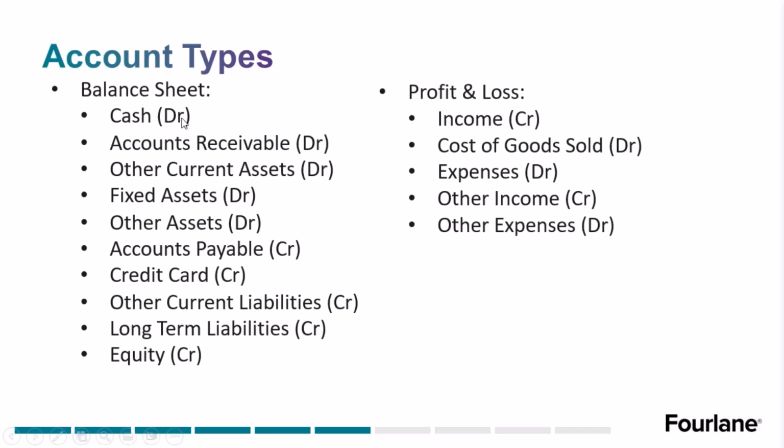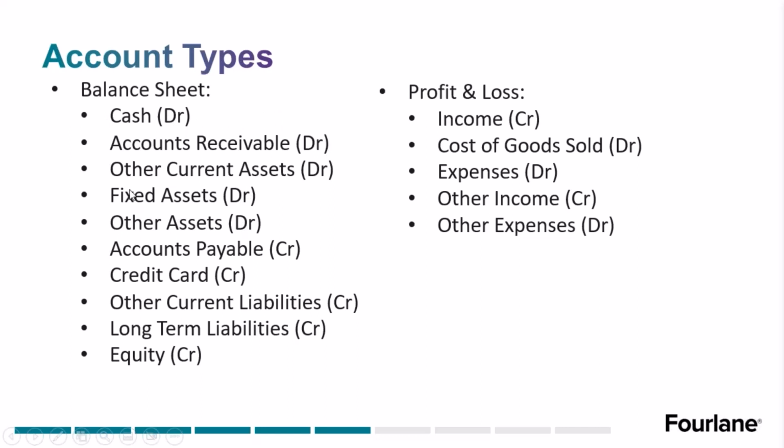And then the little DR next to it is the natural balance when we look at a balance sheet. So if I look at a balance sheet and I see a positive amount, that is a debit balance. When cash is positive, it has a debit balance, okay? So when you look at all these DR, they naturally have a debit balance.